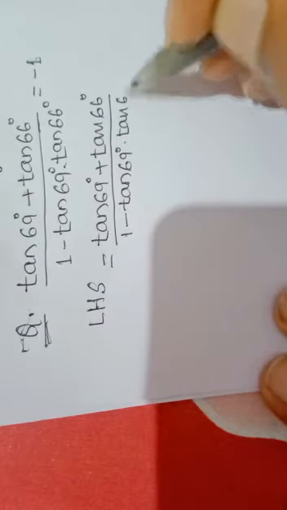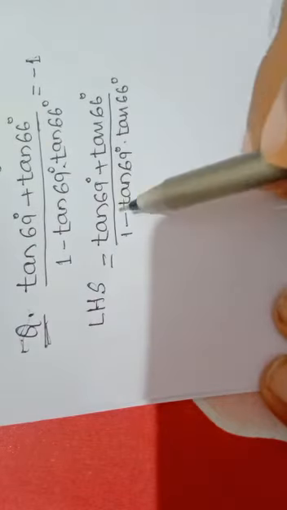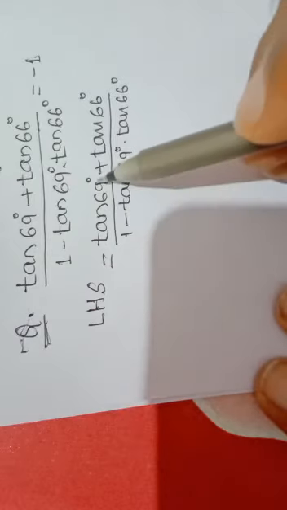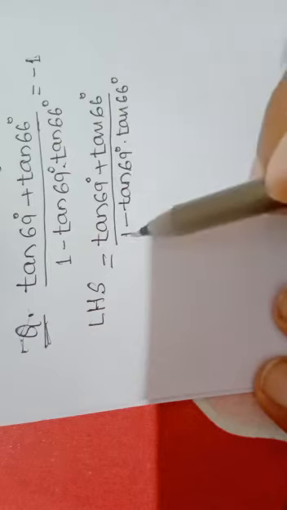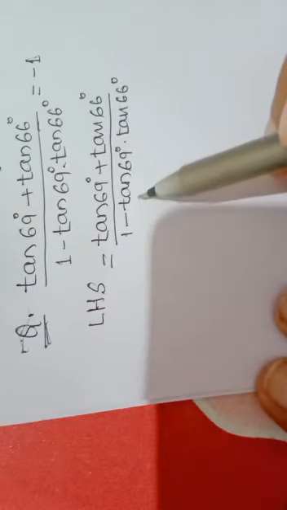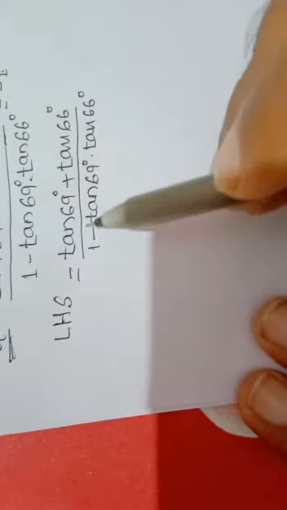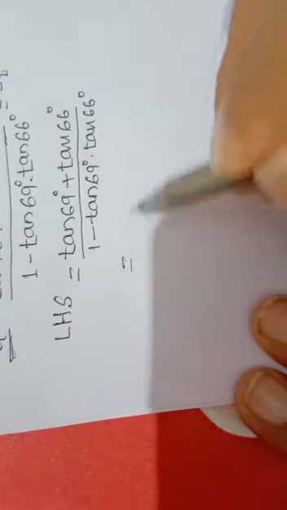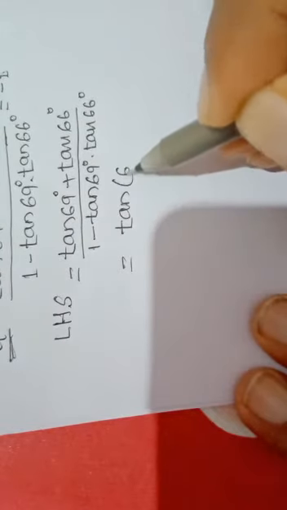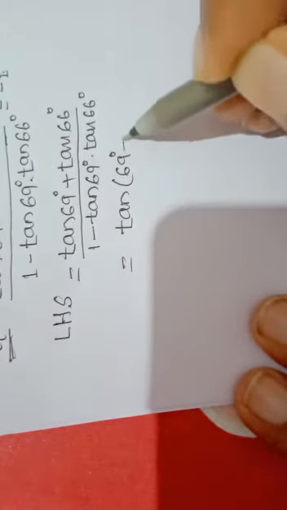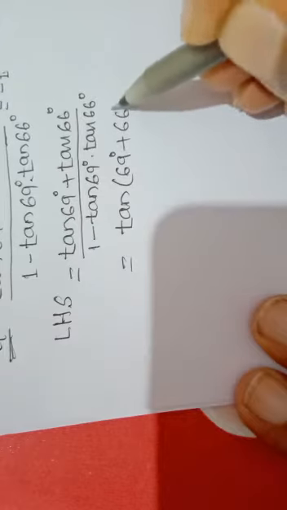See students, according to the formula, tan A plus tan B divided by 1 minus tan A into tan B is tan A plus B. It means it should be tan 69 degree plus 66 degree.